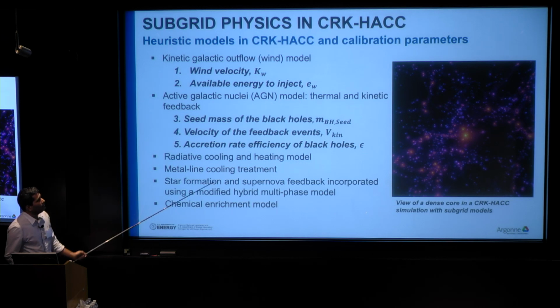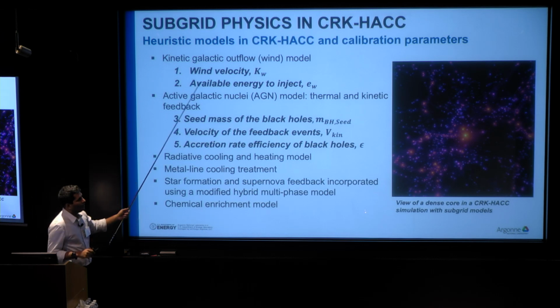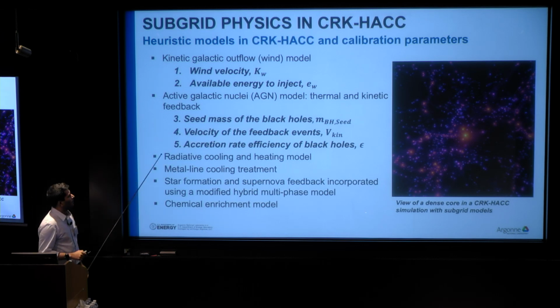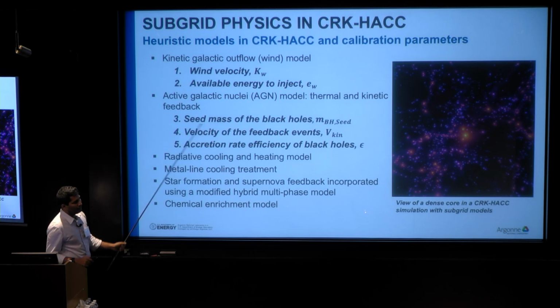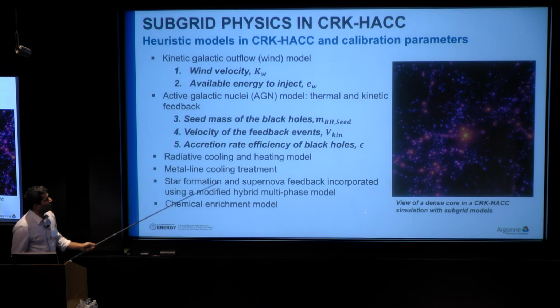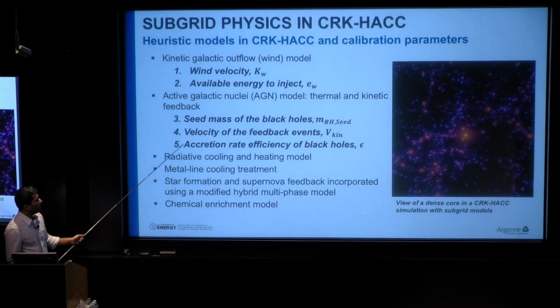And for AGN feedback, we have 3 parameters. So there's a thermal model that is parameterized by the seed mass of the black holes. And then for the kinetic feedback model, we have 2 parameters, one for the velocity of the feedback events, and the other is the efficiency of the accretion rate of the black holes. So that's the epsilon.